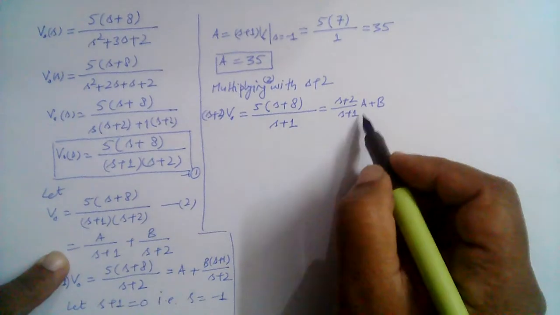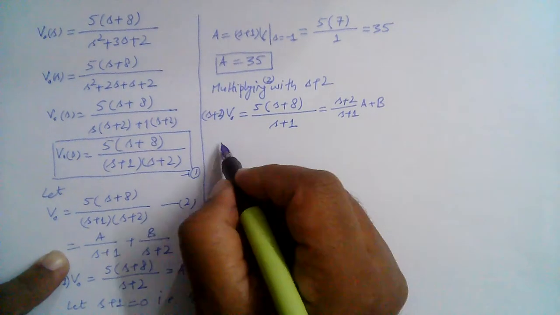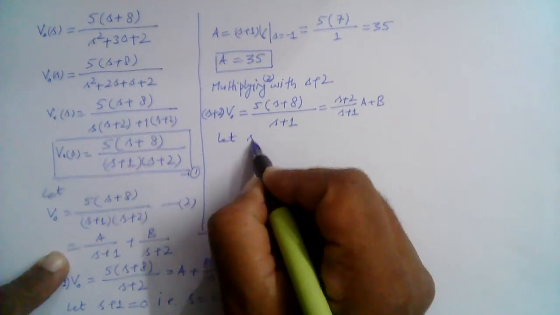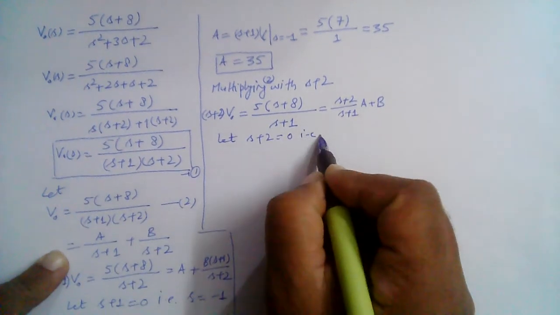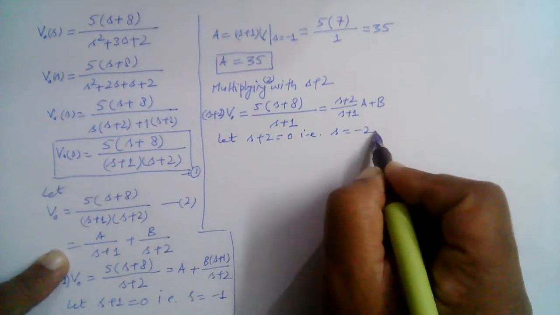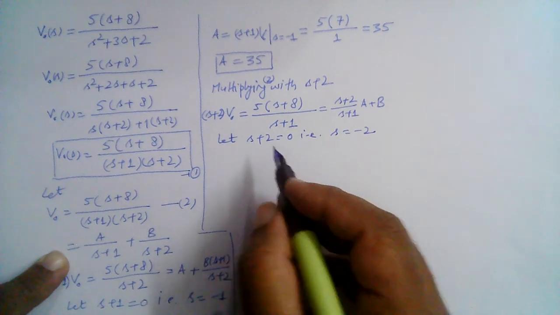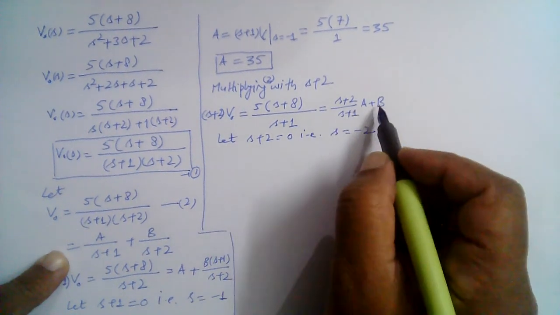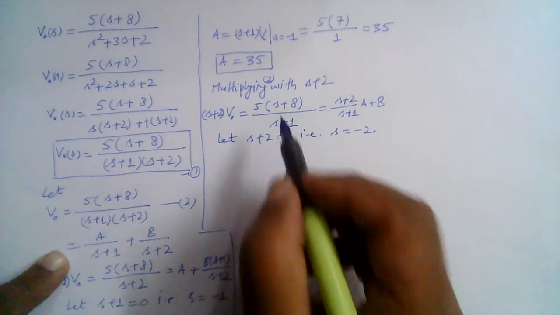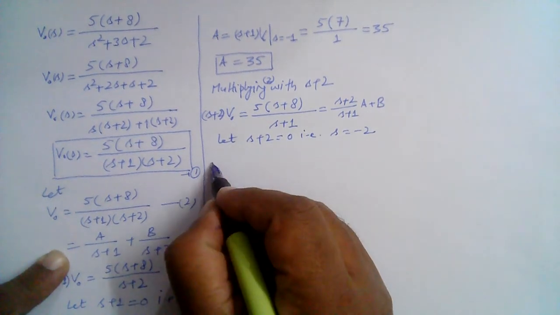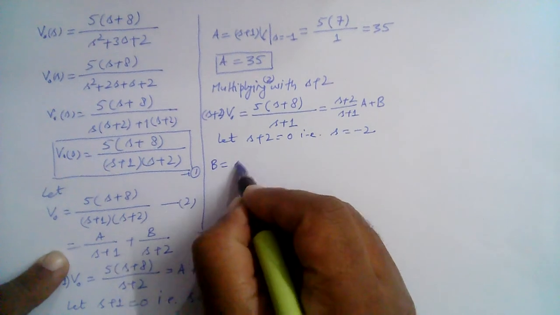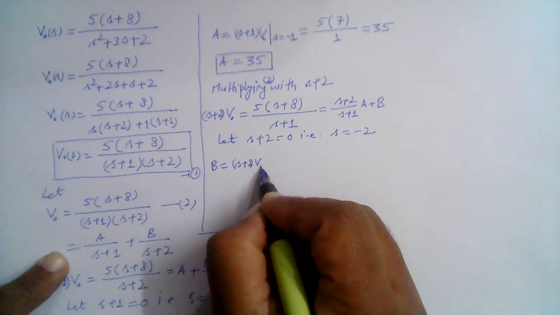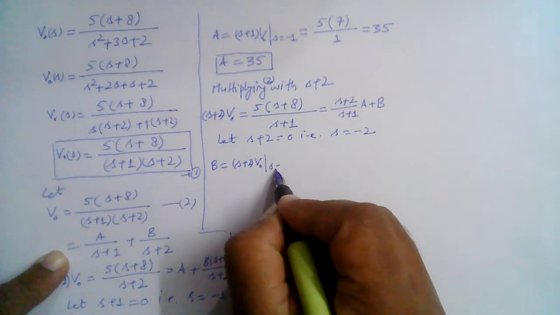Now we put s plus 2 is equal to 0, that is s is equal to minus 2. When we put s plus 2 is equal to 0, this term will disappear and this will leave us with b. So b is equal to s plus 2 multiplied by v naught, while s is equal to minus 2.